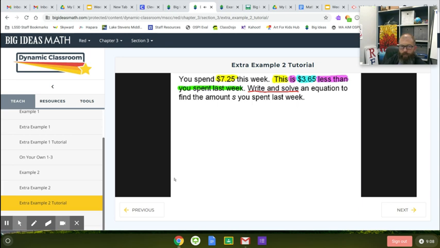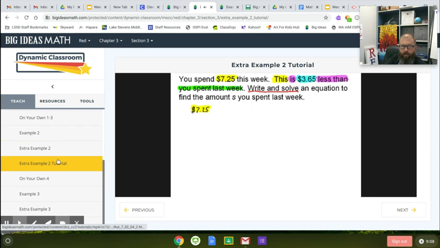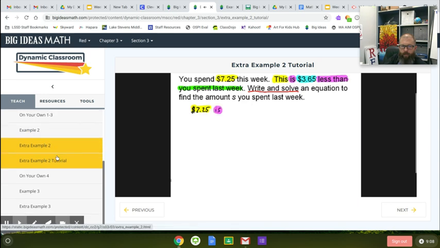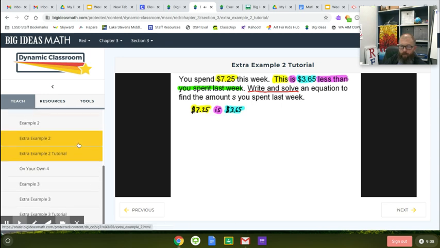Now let's use this information to write a sentence about the situation. $7.25 is $3.65 less than the amount you spent last week.